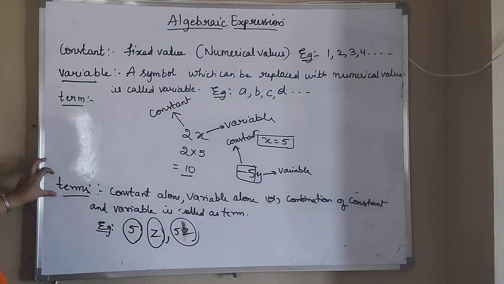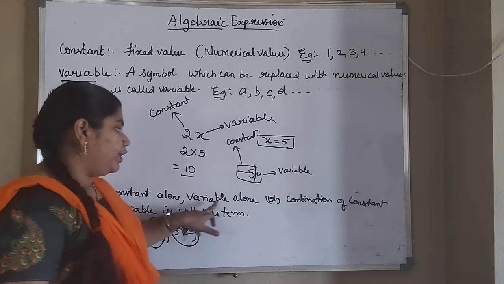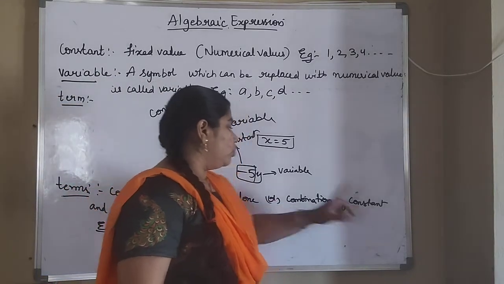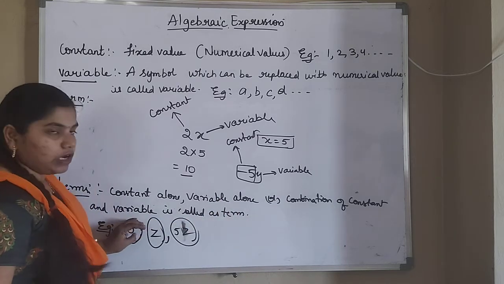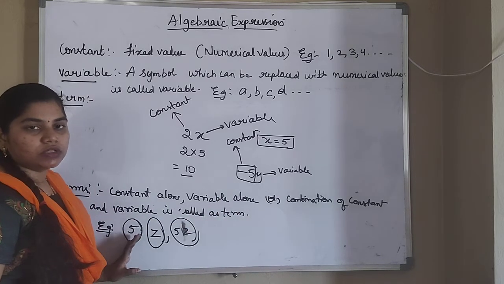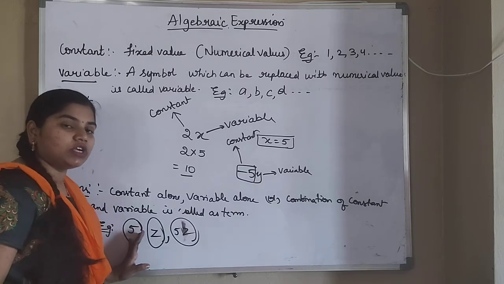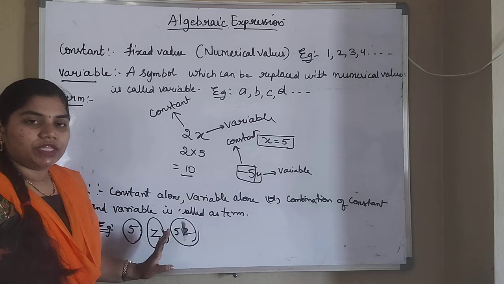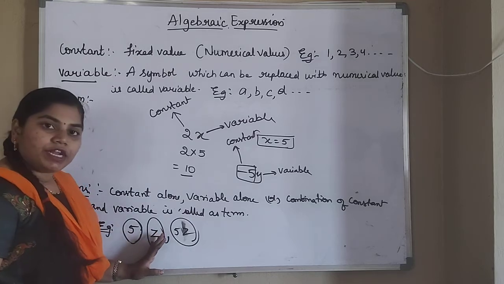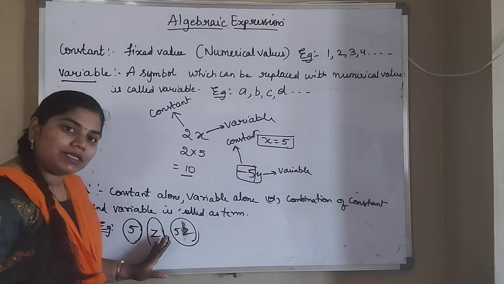So what do you mean by term? Constant alone, variable alone, or combination of constant and variable is called terms. Constant alone, 5 is a constant number, it is also called a term. z is alone, z is not connected with any number, so z is a variable, so z is also called a term.